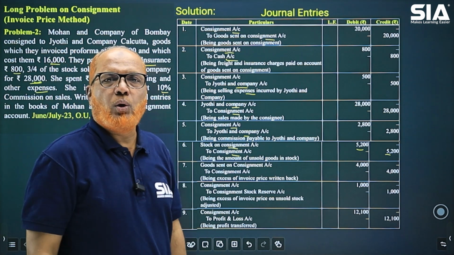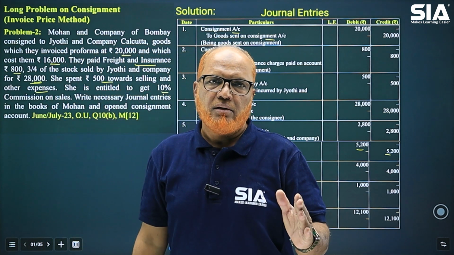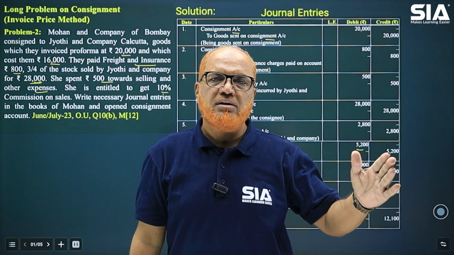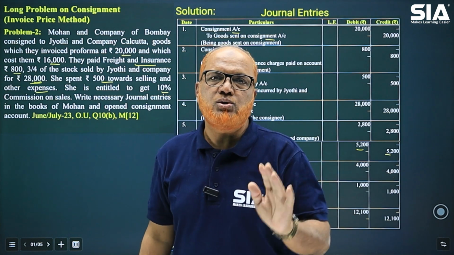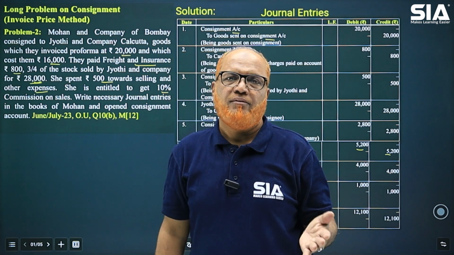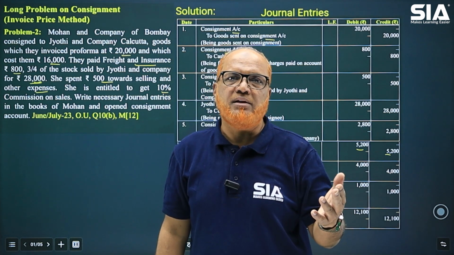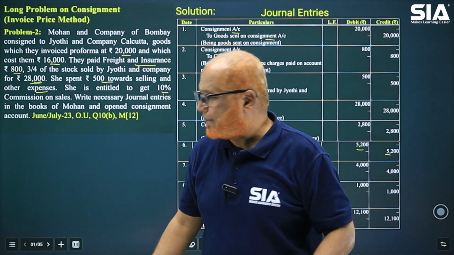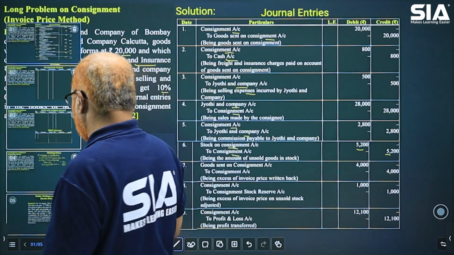Now we have to remove the loading in goods sent on consignment and the loading in unsold stock. These two entries we require. Whenever goods are sent at invoice price, two extra entries will be there. What is the total loading?